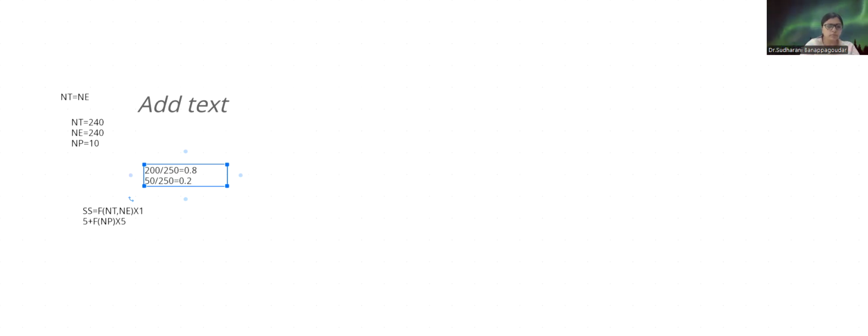Let us identify NT upon NE. NT is 100 divided by 75, which equals 1.33. Now NP is 10 upon NE, which is 75. Eligible is 75. That equals 0.133.